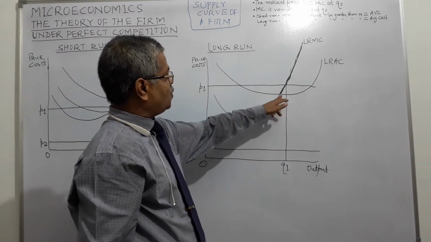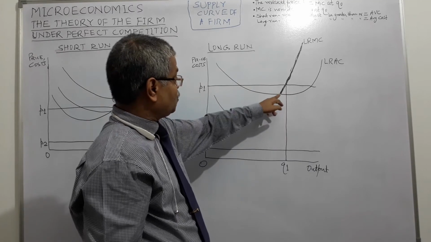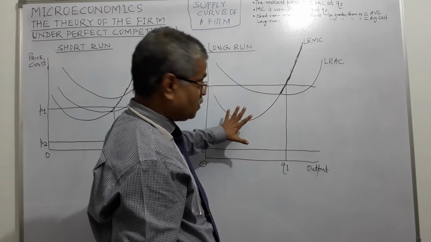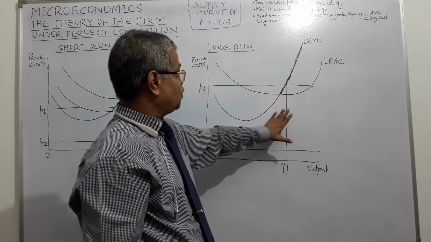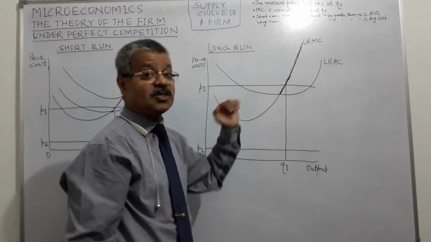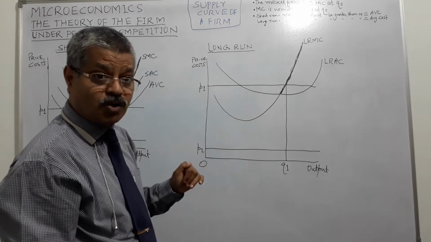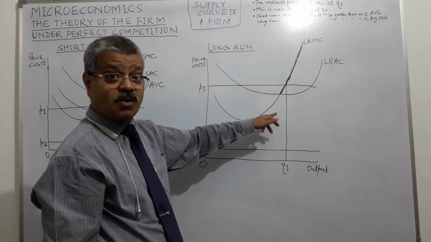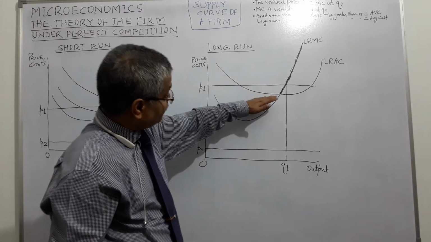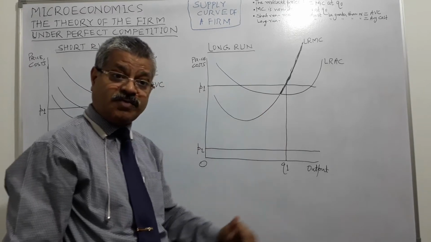The firm or the company will not produce below this point, because below this point, for all positive levels of output, the market price will be lower than the long run average cost. It means with production of each unit of output, the firm will incur losses, right? And the more the firm produces, the more the losses will increase.